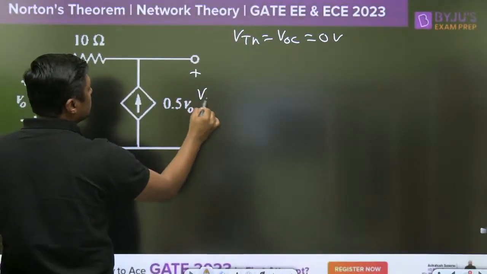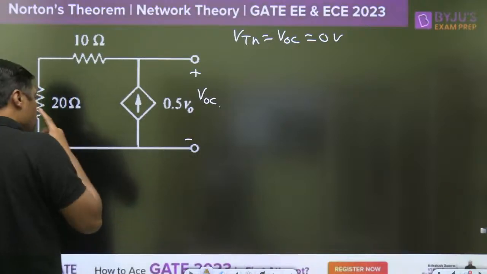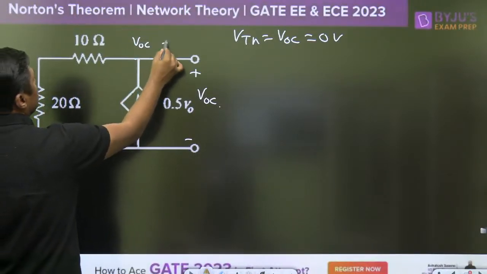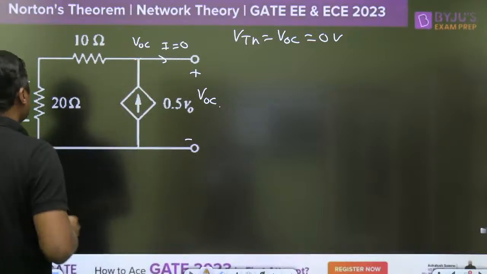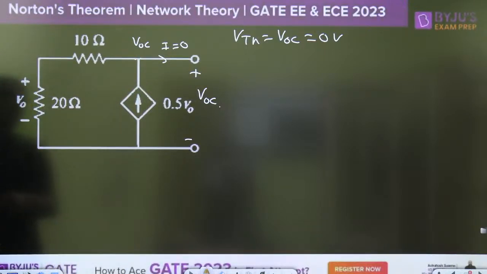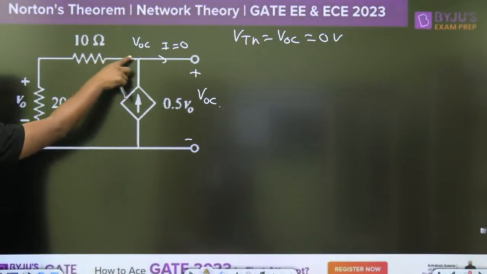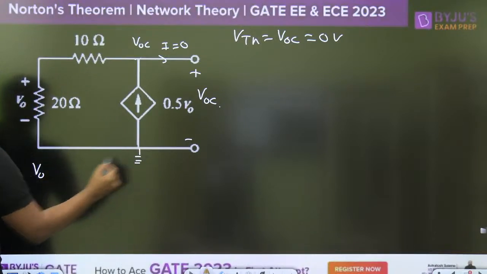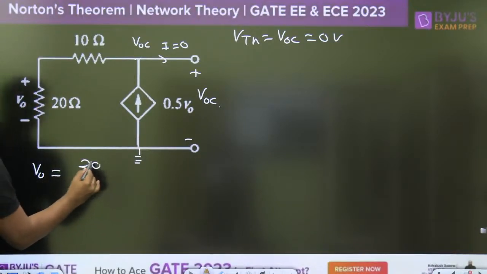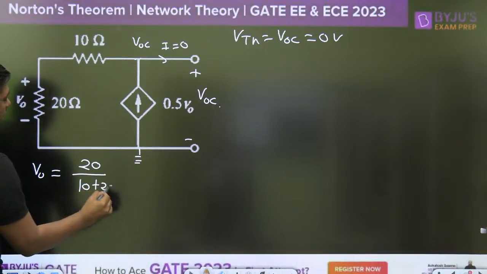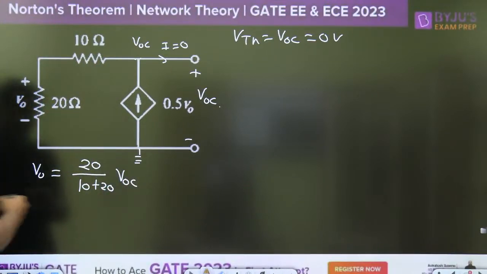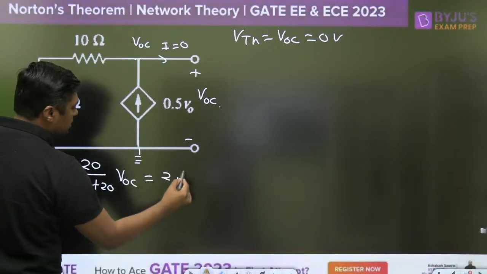This is the VOC. If this is the VOC, the voltage at this point will be VOC. What is the current here? 0. Write down the KCL. According to the voltage division rule, what is the V0? That is ground. 20 divided by 10 plus 20 into VOC. That will become 2 by 3 VOC.